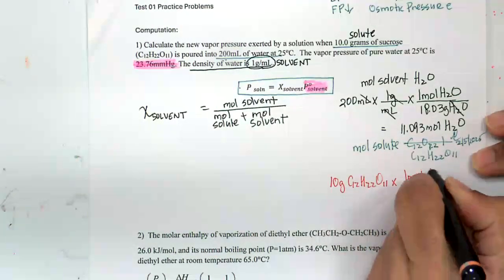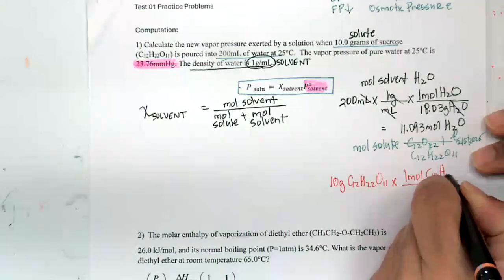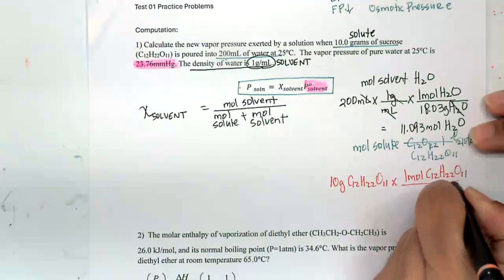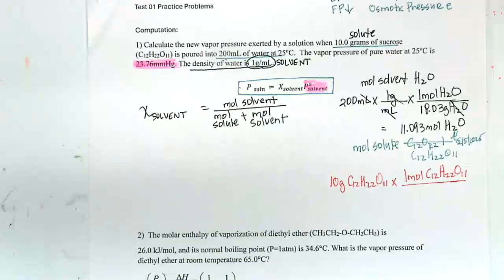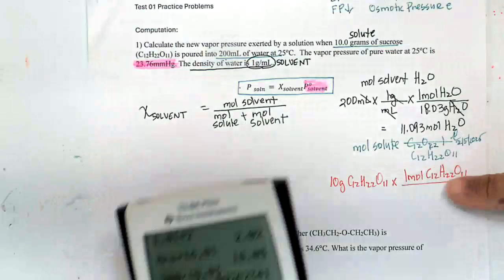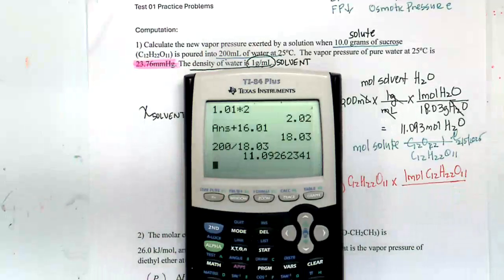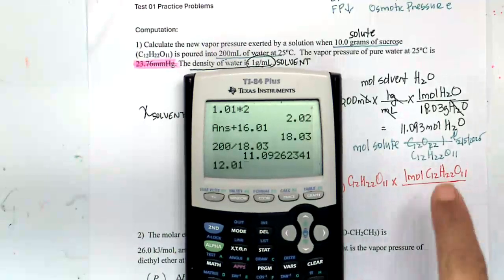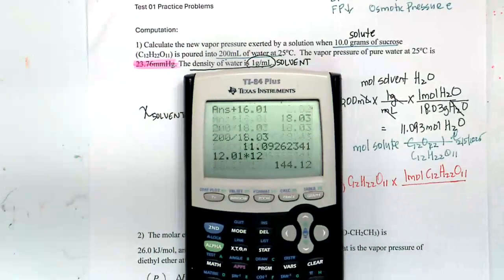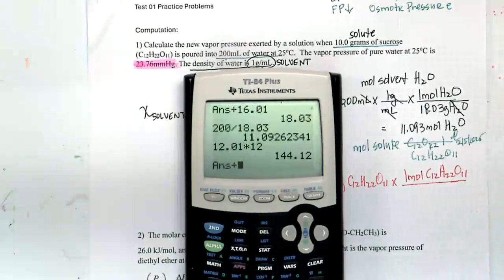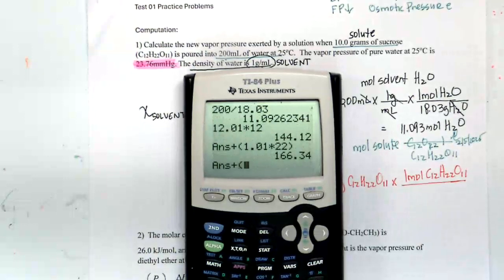1 mole of C12H22O11 is how many grams? Carbon is about 12.01, and we have 12 of those units. Hydrogen is about 1.01, and we have 22 of those units. Plus oxygen is 16.01, and we have 11 of those units.